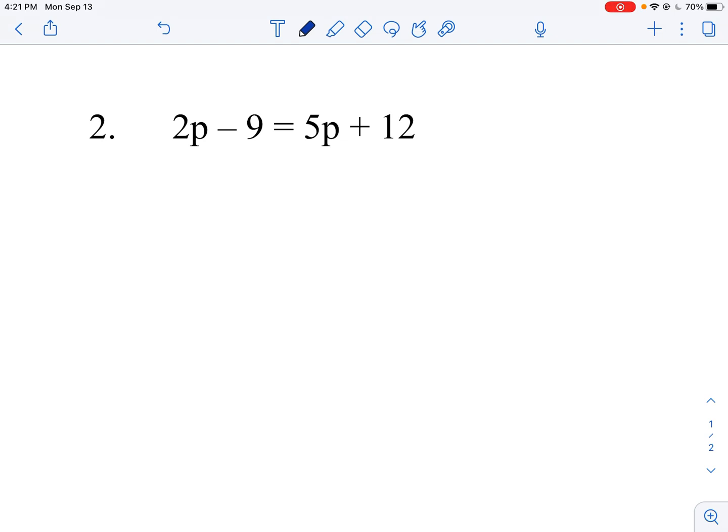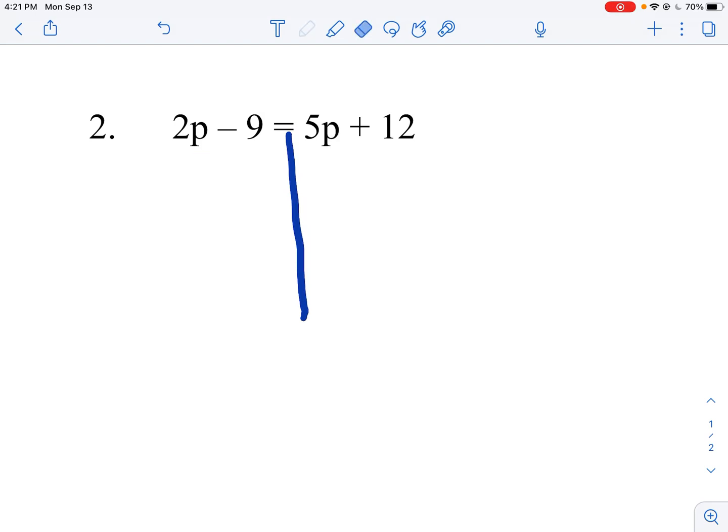Now, on this one, you can move the 2p or the 5p, it doesn't matter. But you do have to get the variable to one side of the equal sign. What I tell people is I personally like to have the variables on the left-hand side, but what I do is I look at which one's the bigger one.